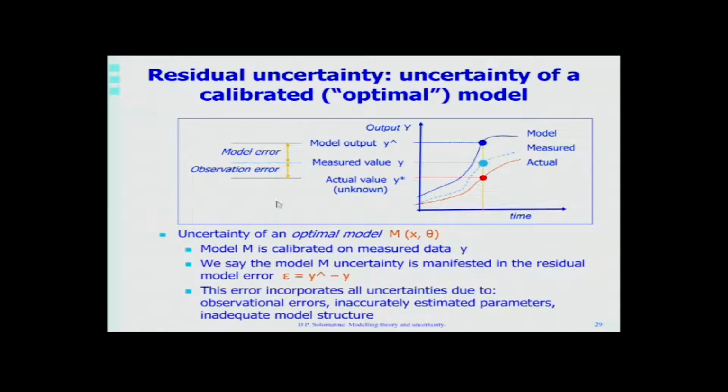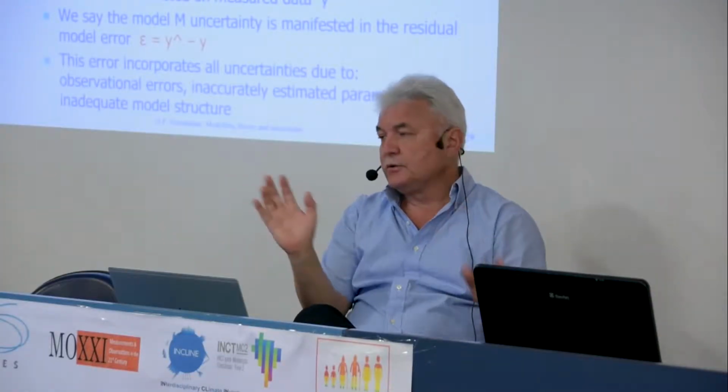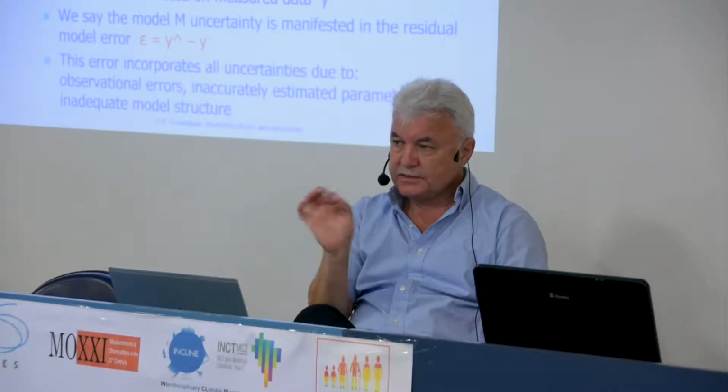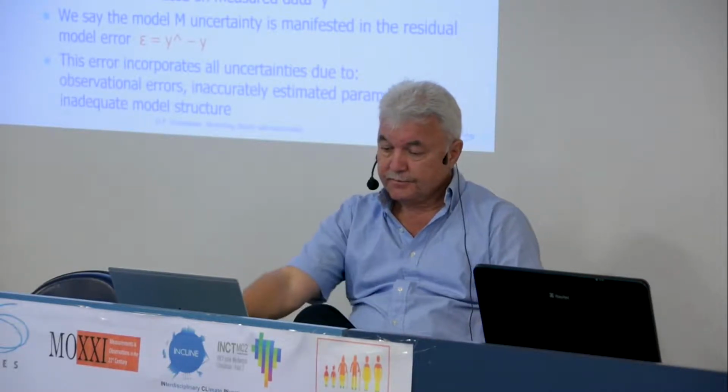Okay. Now, if we have the best possible model M, we call it the optimal model, so it's a calibrated model. You collected all the data, you have the model, still it will have an error, of course. There are no models without error. But it's optimal, the best possible model. Imagine you have it.